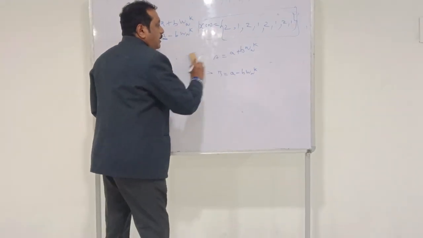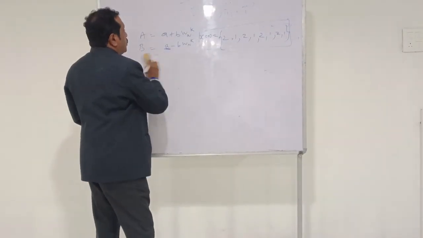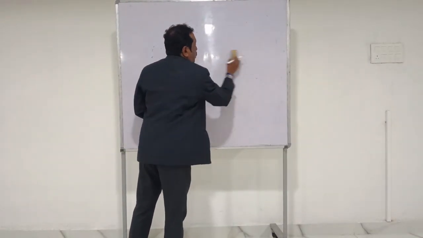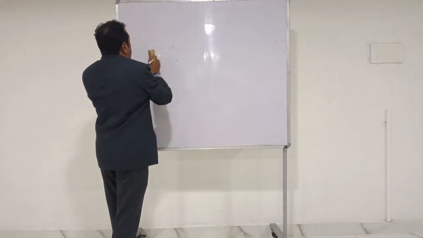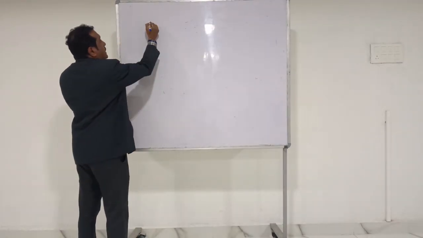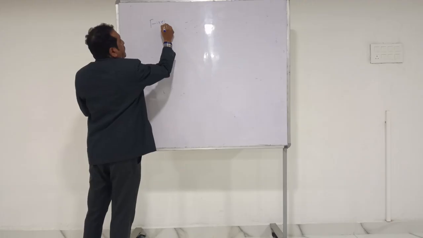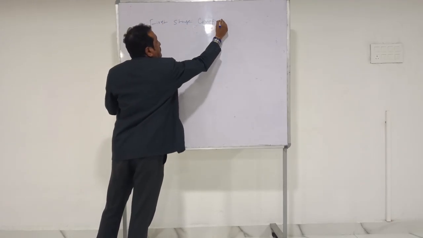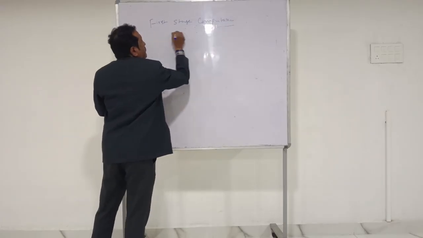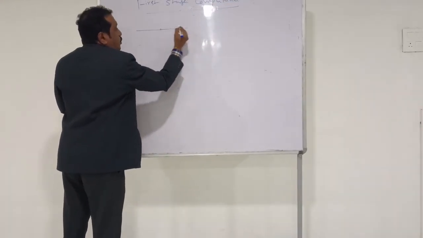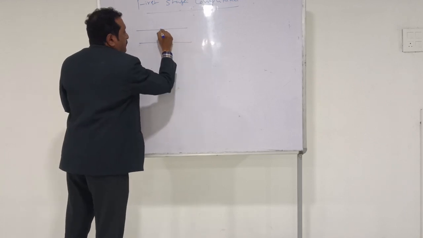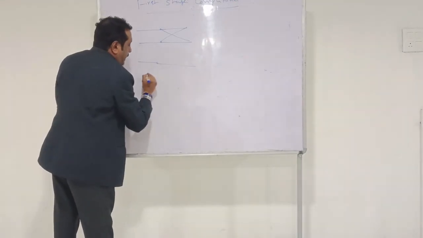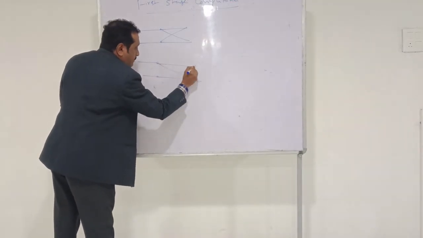So with the use of this, our first stage computation will have four 2-point graphs. The sequence is 2 1 2 1 2 1 2 1. So we need to draw four 2-point graphs under the first stage computation. The first input is 2 1, and the same way we can apply it for the rest of the inputs.